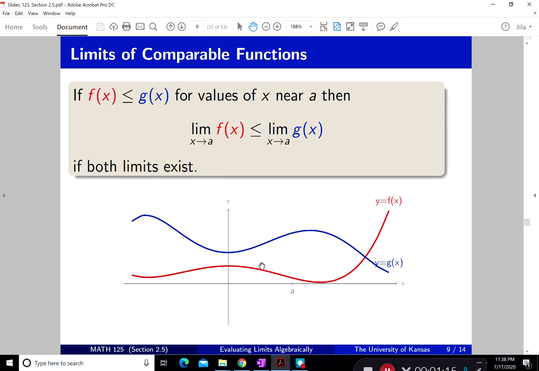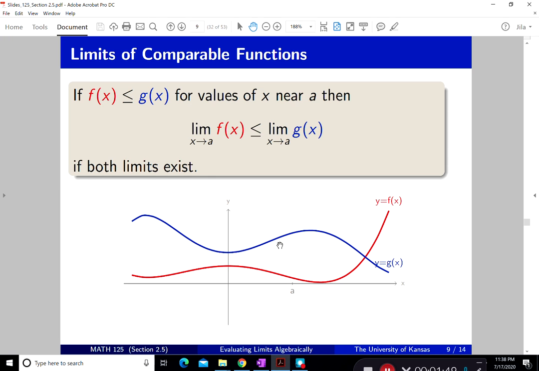Here's what it looks like. Look at point a, and for points around a, f of x is less than g of x, just in the proximity of a. f of x is not always less than g of x, but for points near a, g of x is always bigger than f of x.